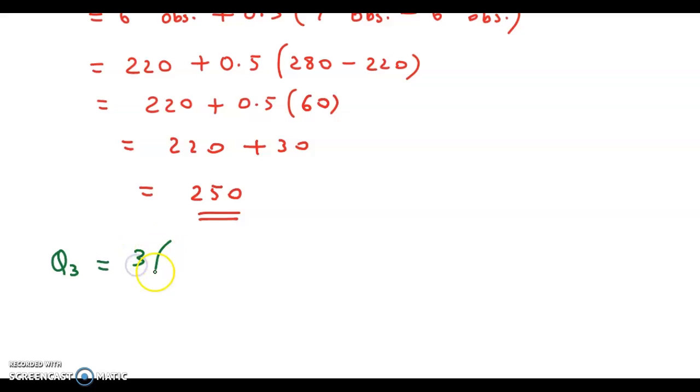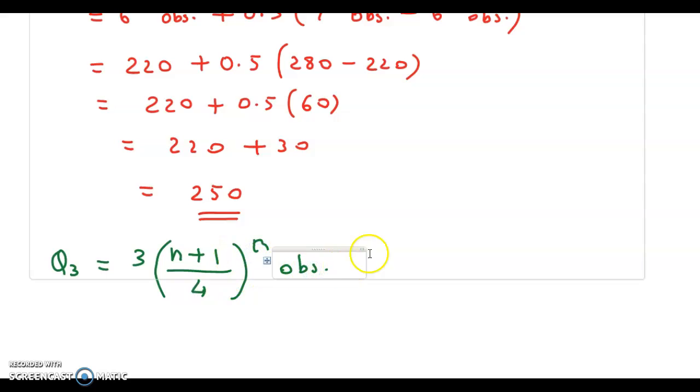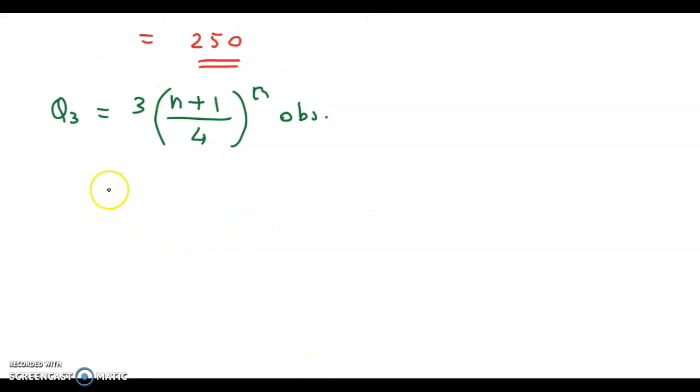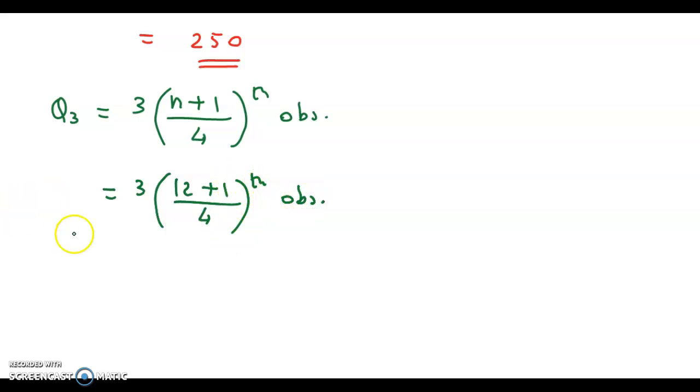Q3 will be 3 times n plus 1 by 4 observation. Again we substitute n is equal to 12. So 3 times 12 plus 1 upon 4th observation.